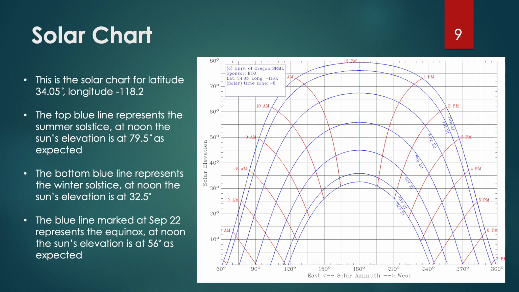And at the equinox, at noon, the solar elevation is about 56 degrees, again, just as we predicted. And finally, at the winter solstice at noon, the solar elevation is about 32.5 degrees, again, just as we predicted. So that confirms our theoretical calculations.